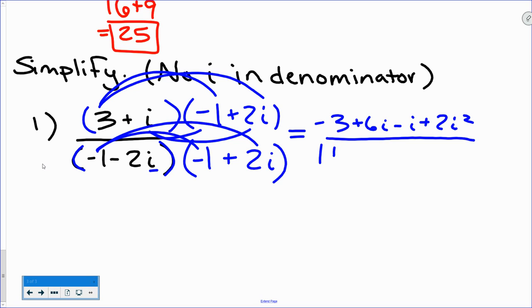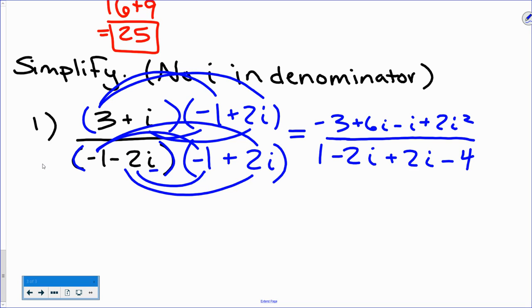Negative 1 times 2i would be a negative 2i, and then a positive 2i, right? Those should be canceling out if we set up the proper conjugate. And then I'm taking negative 2i times a positive 2i. So that's a negative. Make sure you multiply the 2's and make sure you remember to put that i squared.